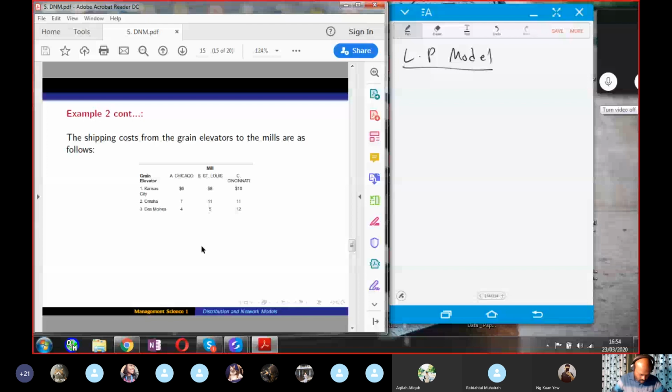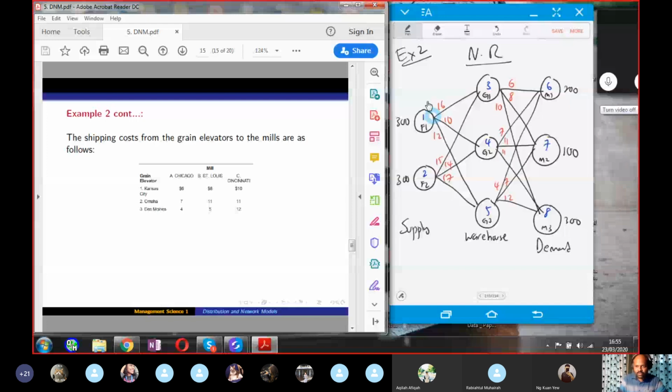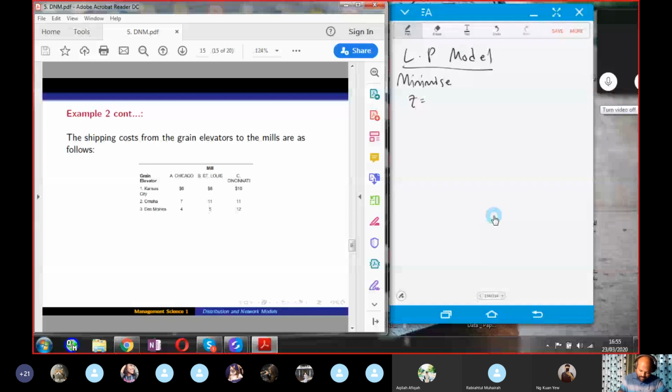Since it is related to cost, we will minimize Z. Look at this one, F1. We will settle with the first circle first. The quantity from F1 to G1 is X13, X14, and X15.